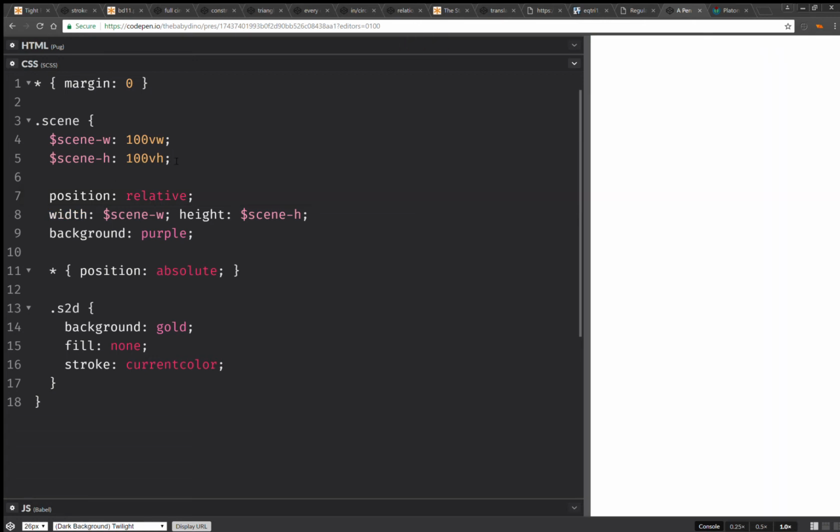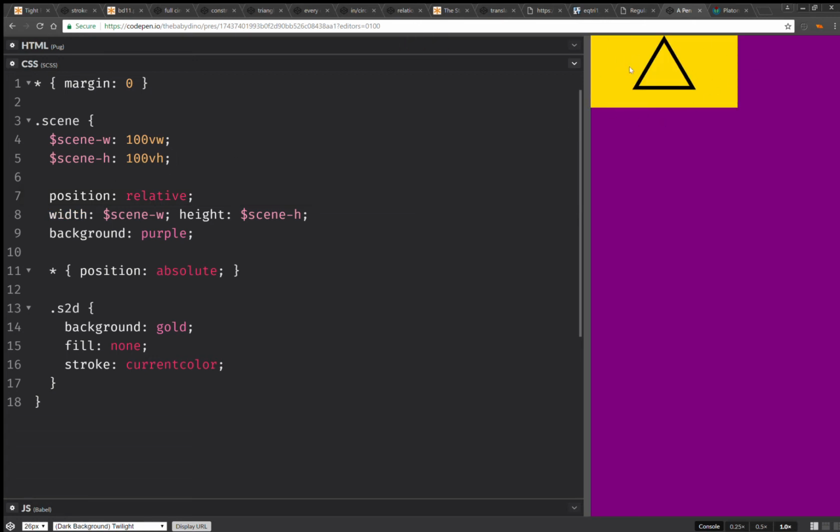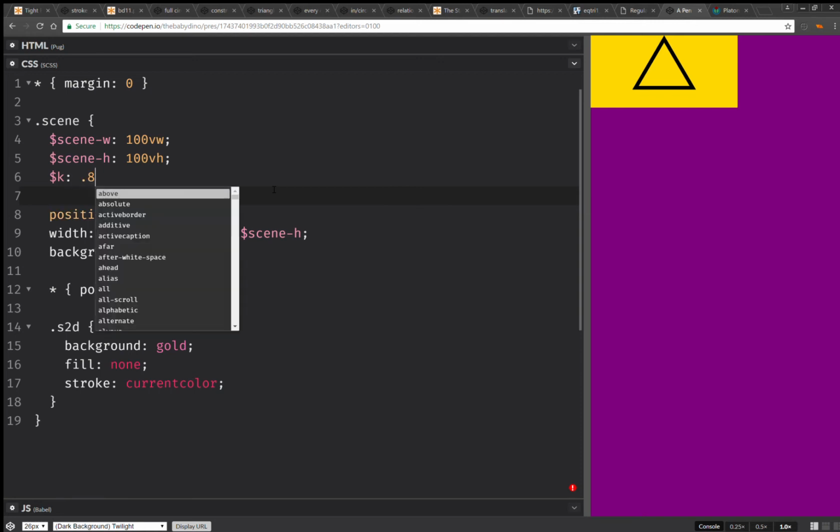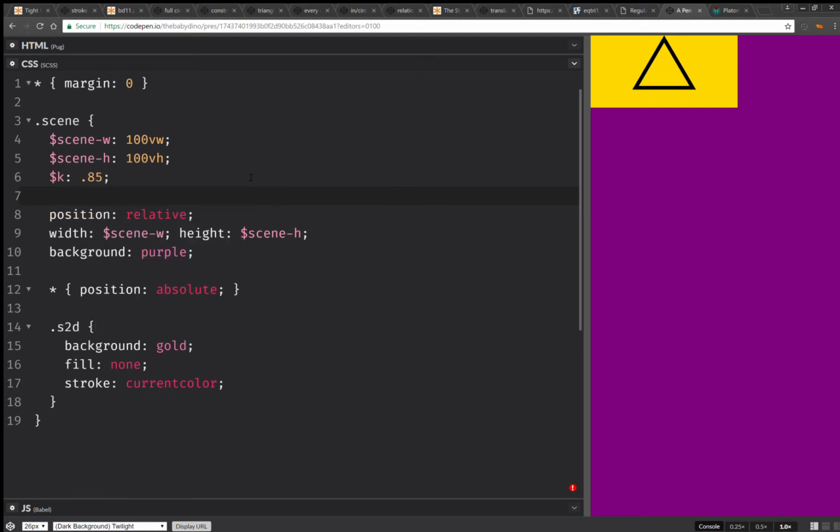And we're going to need to set the dimensions of this SVG to something that's a percentage of the smallest scene dimension, and we don't know which the smallest scene dimension is. So we're going to have here something like a factor. Let's call it k. So this is going to be a k factor, and let's say it's going to be 0.85.